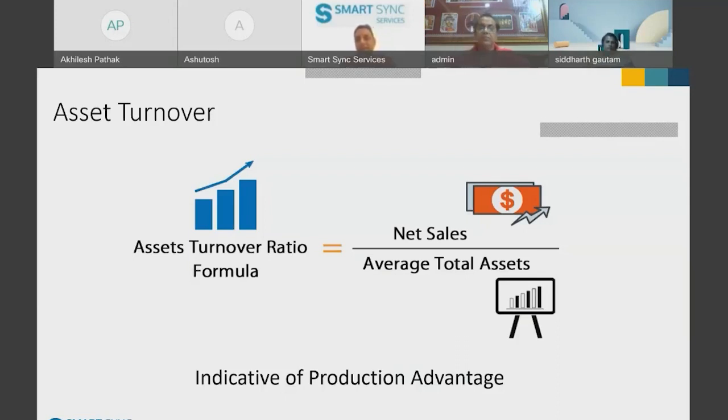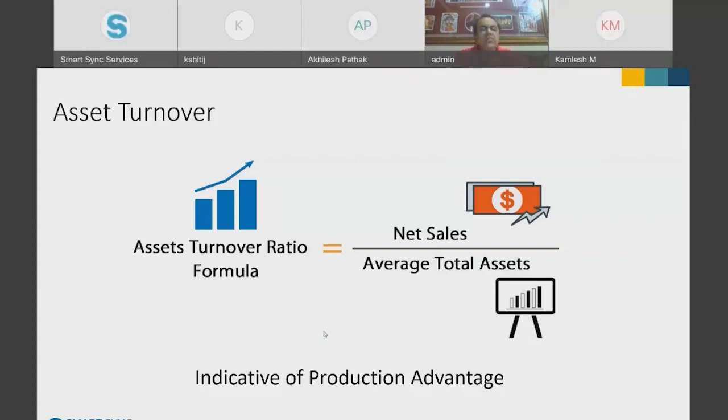So as we got to know, in case of net profit margin, it is more from the pricing power or consumer advantage. Asset turnover ratio is indicative of production advantage. When you have been able to efficiently manage the whole production cycle, your asset turnover would be on a higher side. Asset turnover basically is indicative of production advantage, right?